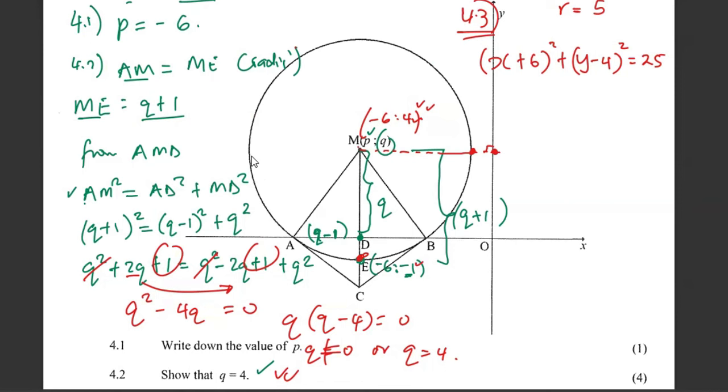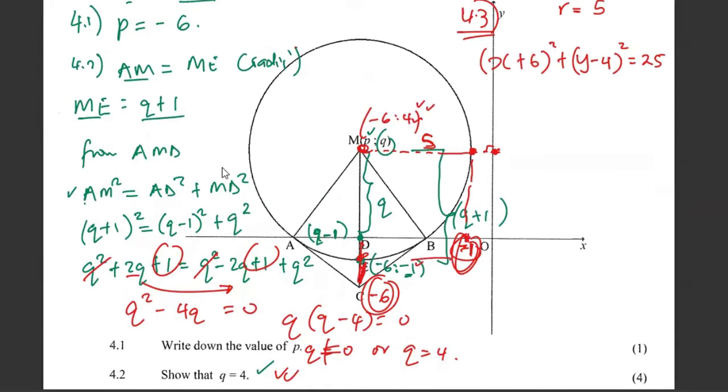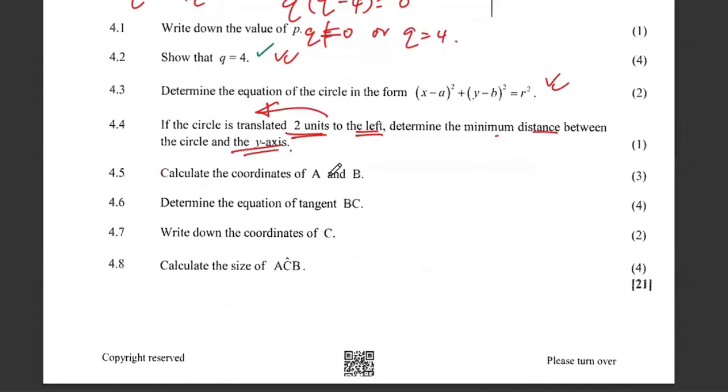So if the radius is 5 units, but this point here is at -6, meaning that our reading here is at -1. So if that is the reading where the minimum distance is, if we shift the graph 2 units to the left, that side, meaning that this -1 must also move 2 units that side, and it will be 3 units. So that is just 3 units.